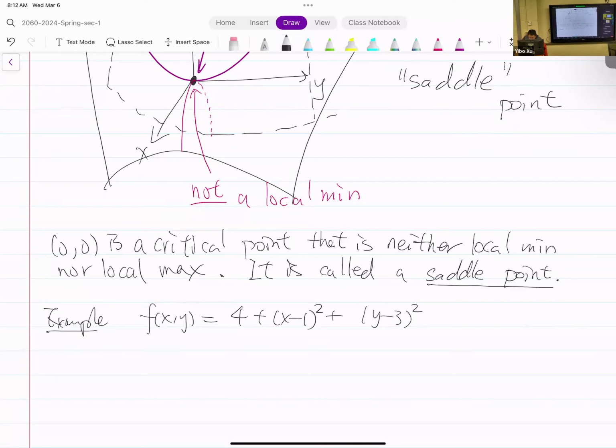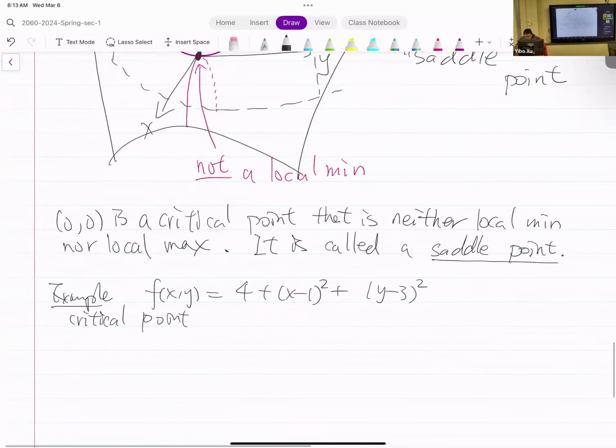We look for the critical points. So here, the function is well differentiable. We have the partials at every pair of inputs, right? So we just look for the critical points that have zero gradient. Okay.